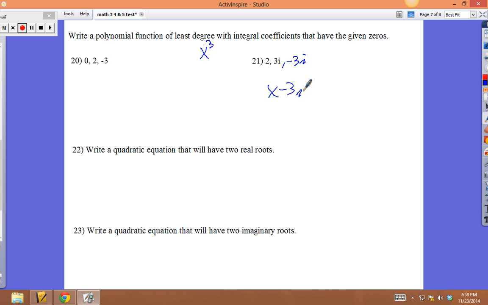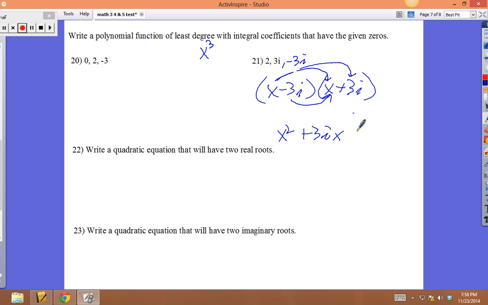x minus 3i, that's one of the polynomials, because 3i minus 3i, there's a 0. My other polynomial is going to be x plus 3i, and if I do x times x, that's x squared. x times plus 3i, that's plus 3ix, and a minus 3i times x is a minus 3ix, and those are just 0.